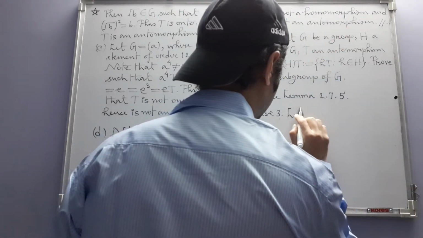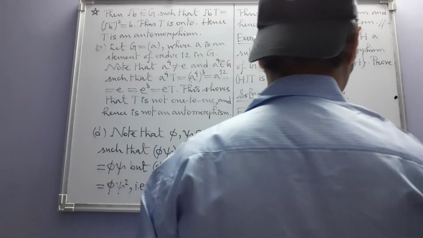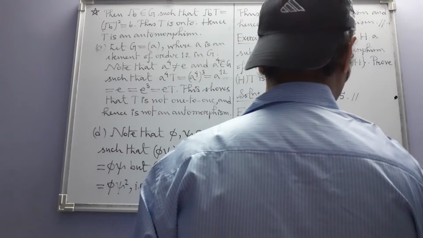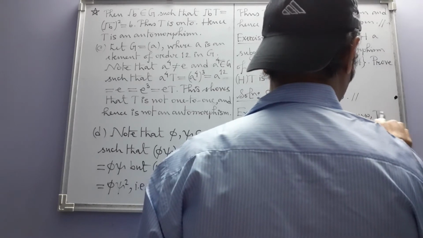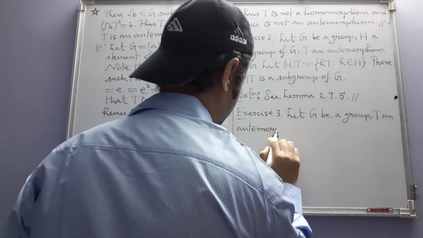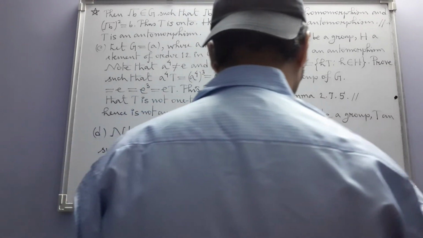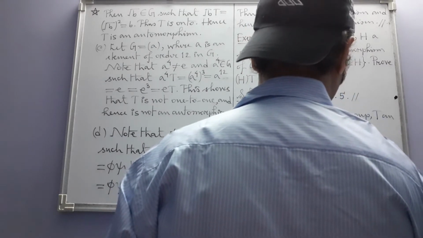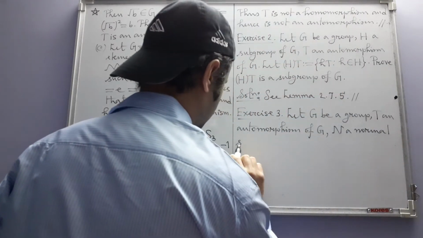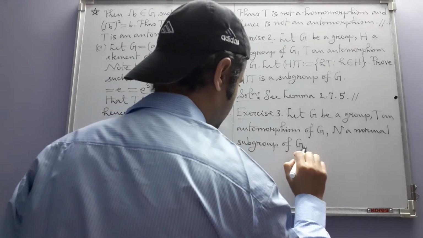Let G be a group, T an automorphism of G and N a normal subgroup of G. That also is taken care of by this same lemma.